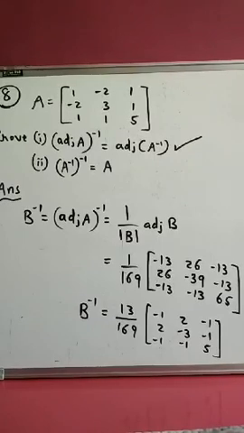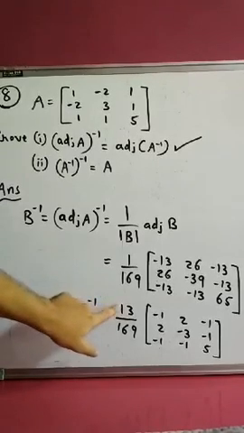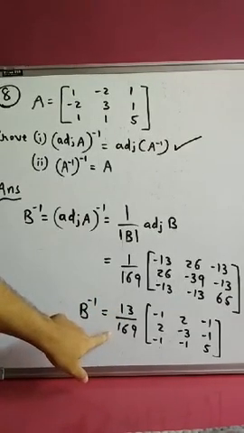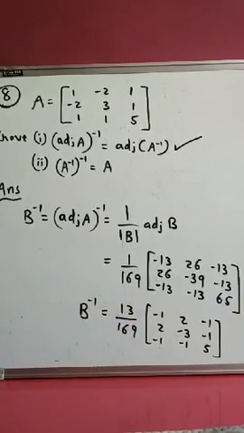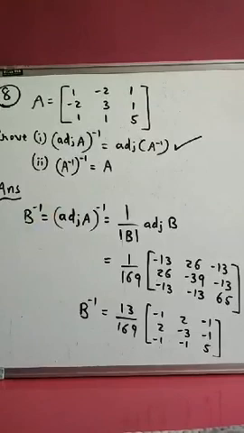This will be your value of B inverse, and 13 by 169 becomes 1 by 13, with the bracket as it is. Now we have got the LHS, that means (adjoint of A) inverse.